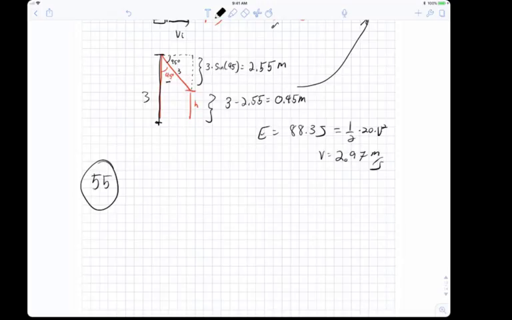Oh yeah. The sledder shown in 10.55 starts at the top of a frictionless hill, slides down into the valley. What initial speed does the sledder need to make it just over the next hill?